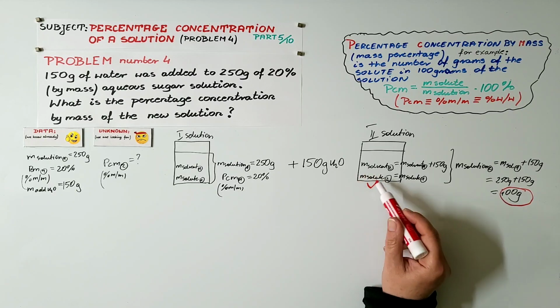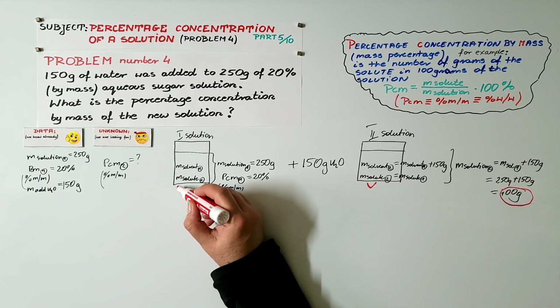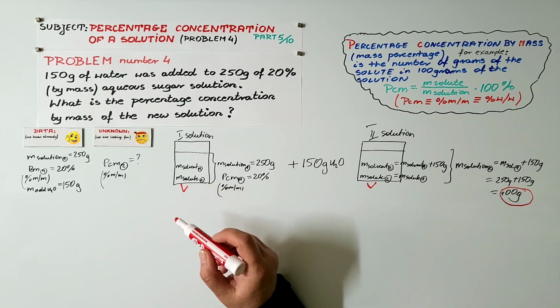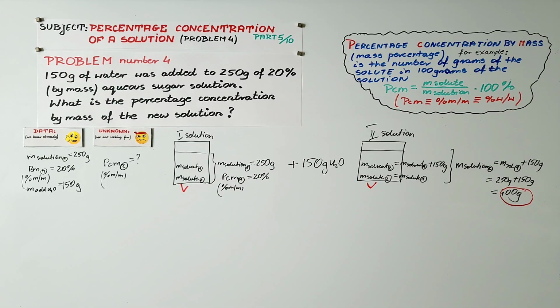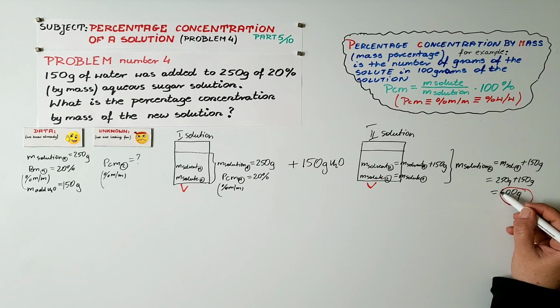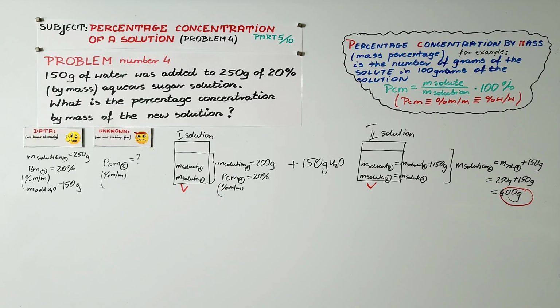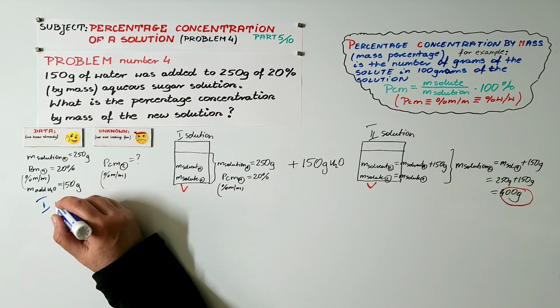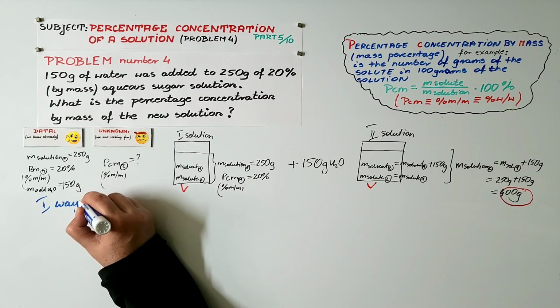Mass of solute 2 equals mass of solute 1. So now we have to calculate mass of solute 1. Let's solve this problem in two ways, based on proportion and based on a formula. First way, proportion.